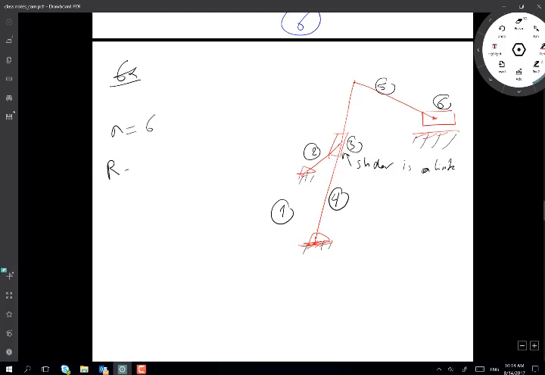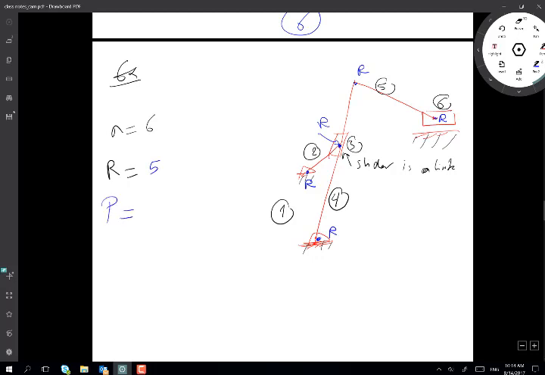How many revolute joints have I got in here? Every time I have an angular change, that's a revolute joint. So let's change the color a bit and say that's R. This one is a revolute joint. This one is a revolute joint here, 100%, because the angle will change. And that's a revolute joint. And this one is a revolute joint. 1, 2, 3, 4, 5, 5 revolute joints.